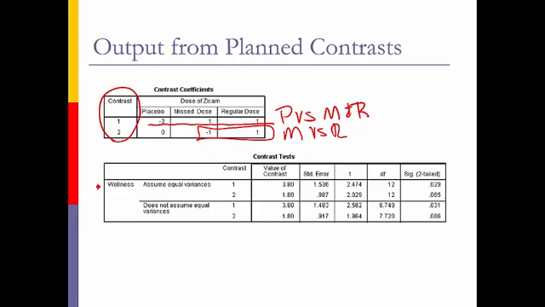All right, and then the next table tells us whether or not those are significant. And we have to either assume equal variances or not assume equal variances, and you would eliminate one of these. So we would have to see what the original ANOVA output stated, whether or not they were equal or not. We're going to assume that they are, but when you get to ANOVA, you're going to be able to tell whether or not they are the same or different.